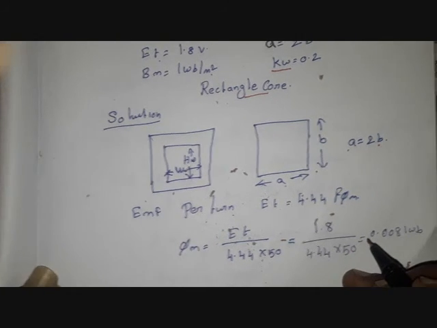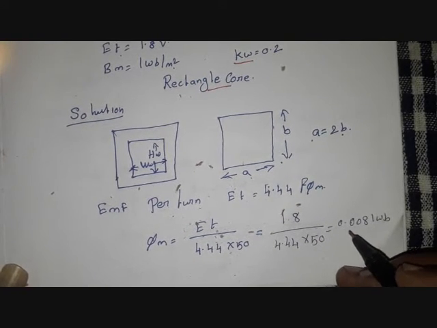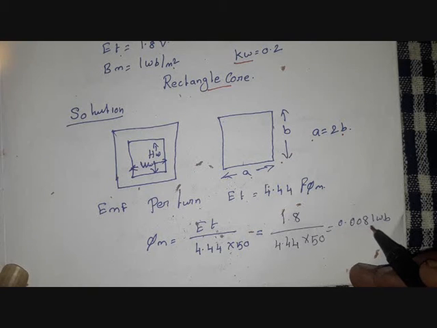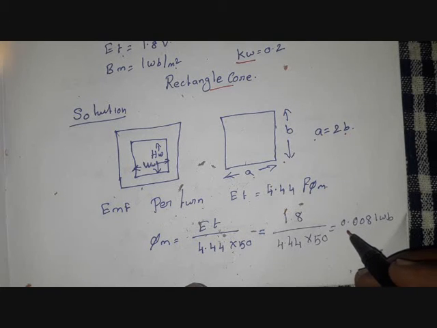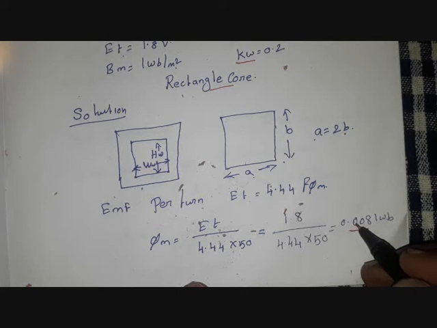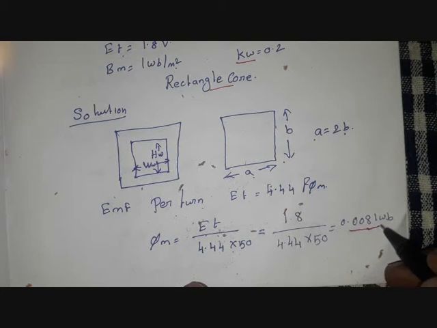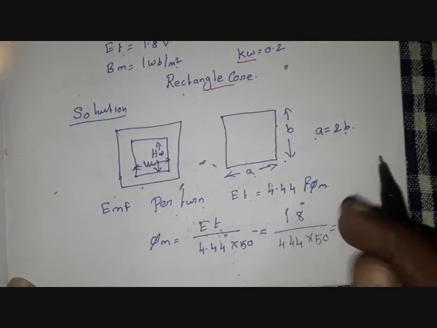We get the value of 0.0081 Weber. After the point we can take 3 digits, that is enough for calculation, but after the point we have a 0, which means we need to take another digit, that is best for the calculation.